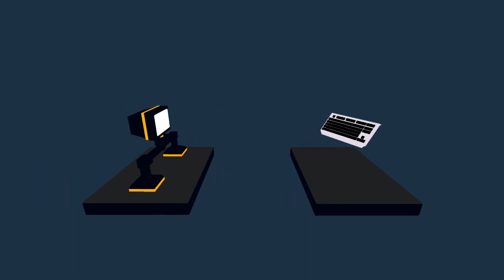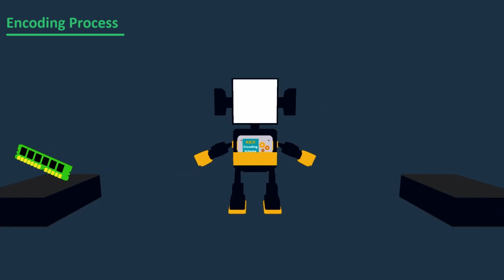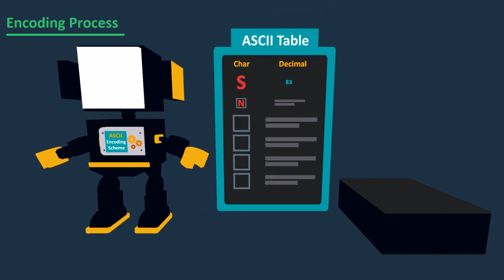Alright, let's demonstrate how computers can understand textual data by encoding and decoding characters with the help of encoding schemes like ASCII. To illustrate this process, let's imagine that we've typed the uppercase S using our keyboard. After receiving input from the keyboard, the computer looks up the corresponding ASCII code point for that character.